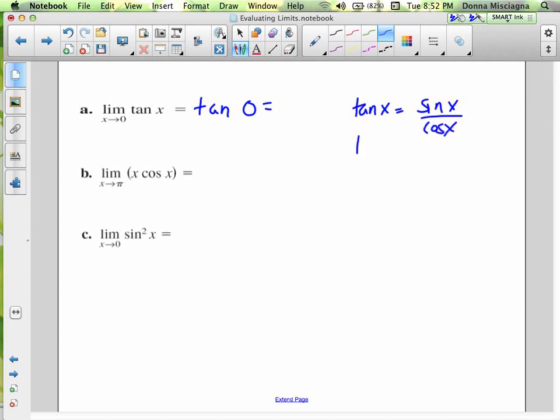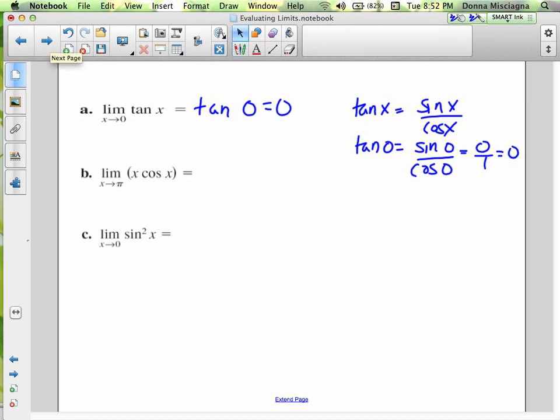So if I have tangent 0, that's going to be sine 0 divided by cosine 0. And so that's 0 divided by 1, or 0. So just in case you forgot.